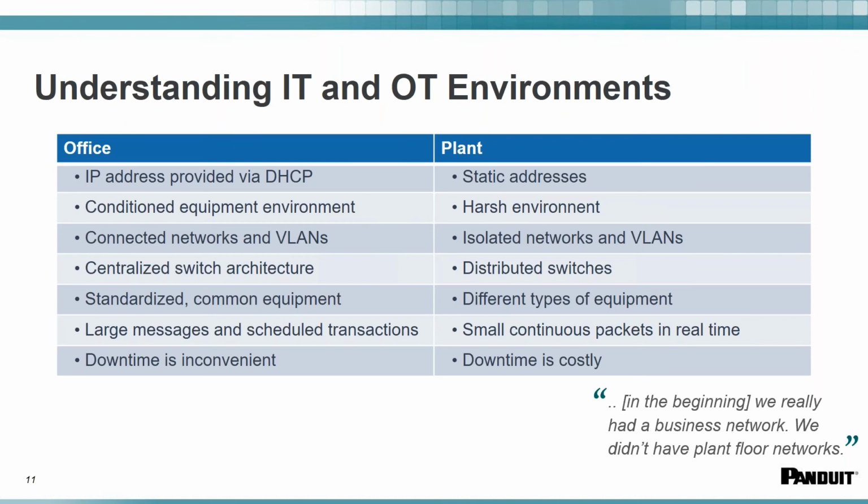When it comes to the environment, I already mentioned the fact that on the office side, things are air conditioned and controlled. On the plant side, that is not the case. You are dealing with very unique, what we call real life environments. Similarly, when you look at the networks in an enterprise, you most likely will find a complete network between all the different offices, because there's one server that's serving up all of the IPs to everyone else.